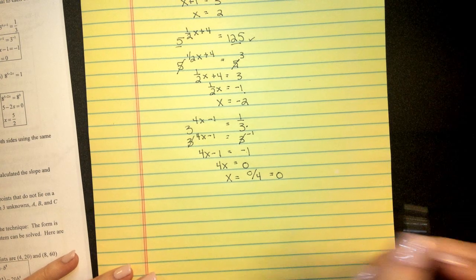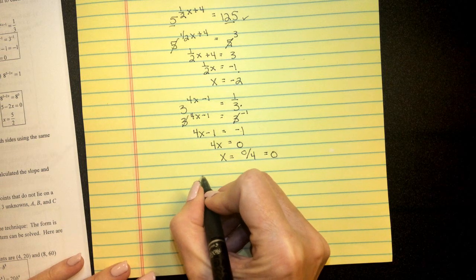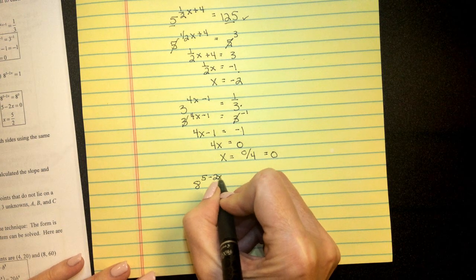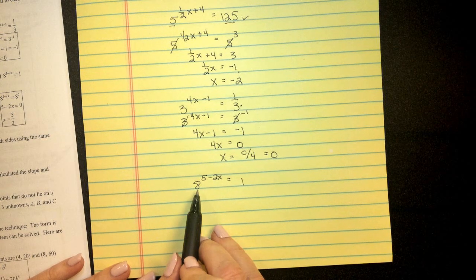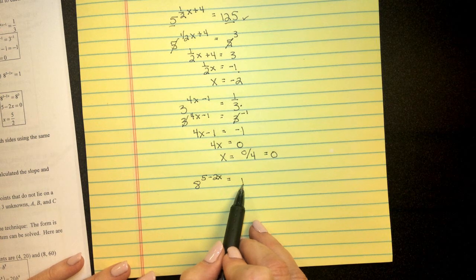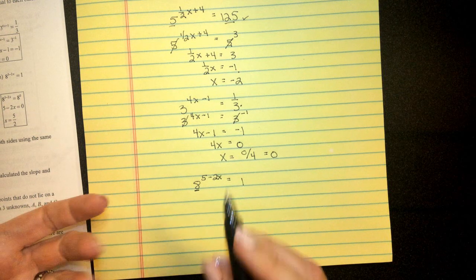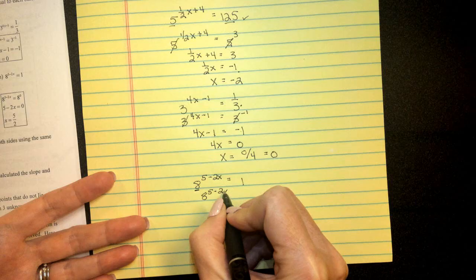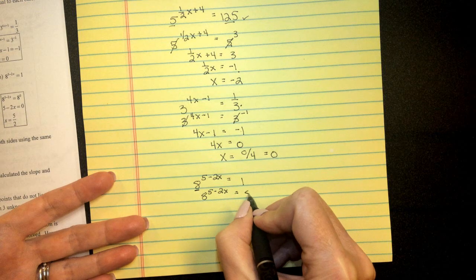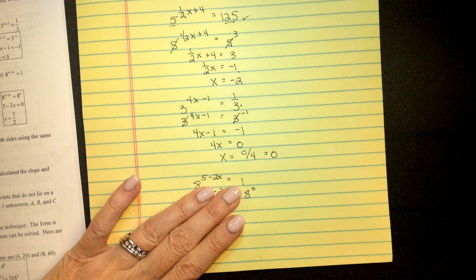And then the final one that I wanted to talk to you about was 8 to the 5 minus 2x equals 1. I want you to remember what equals 1. Well, first of all, I have to have the same base. So this is 8 to the 5 minus 2x equals 8 to the 0, because 8 to the 0 is 1.